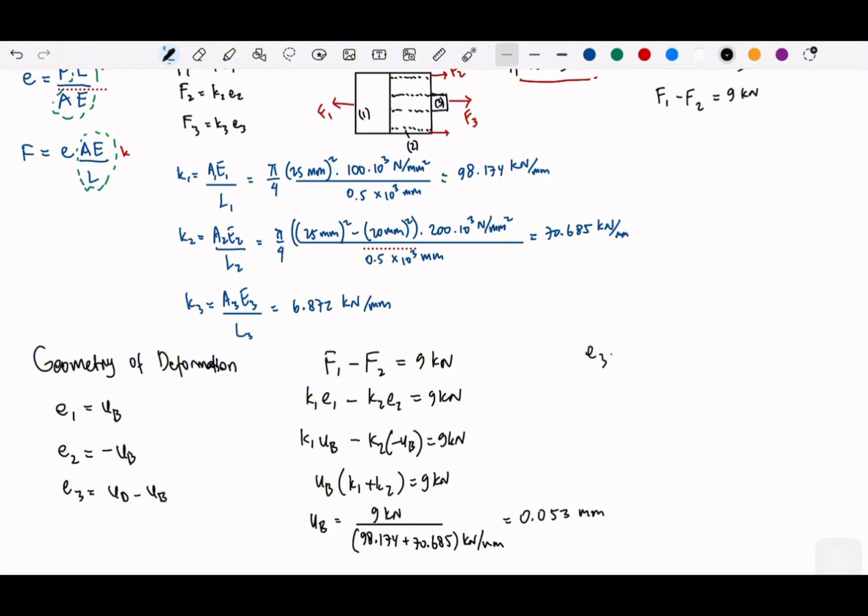So E3 is F3 over K3, or 9 kilonewton over K3. So this 9 kilonewton over K3 is 6.872 kilonewton per millimeter, and is equal to UD minus UB.